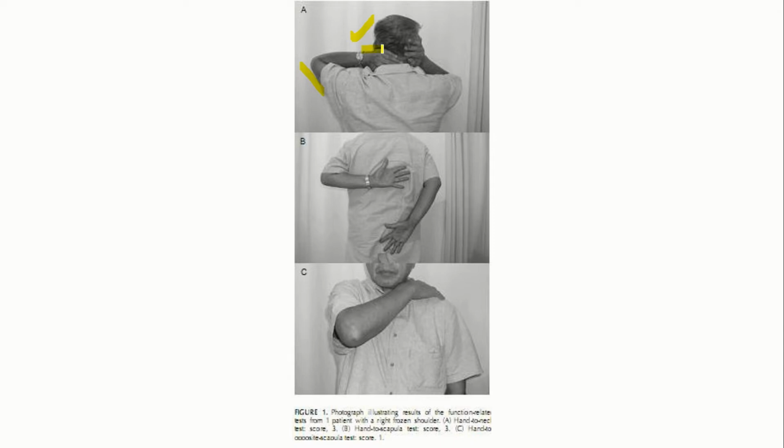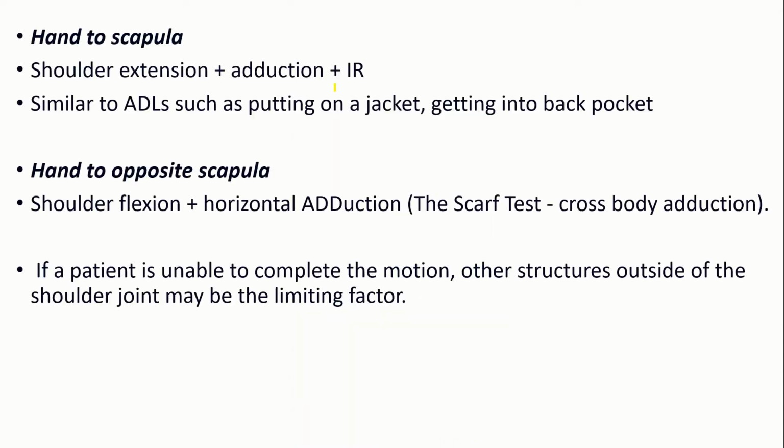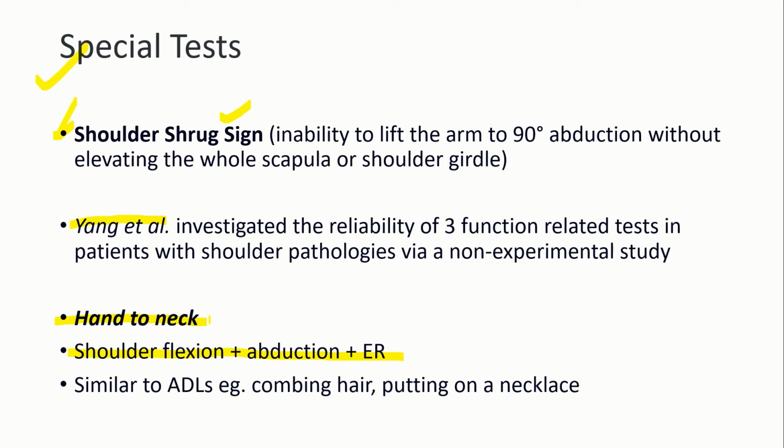All three ranges of movement are checked in this position. Similar to ADLs like combing hair, when we comb the hair, some amount of shoulder flexion along with abduction and external rotation is required. So that's how we check all these three ranges of motion.